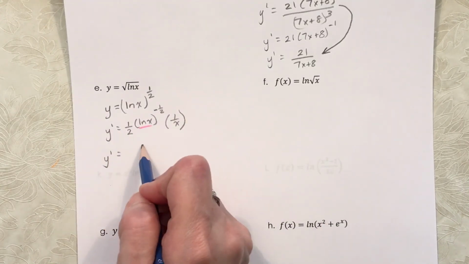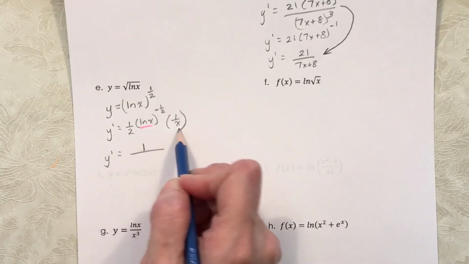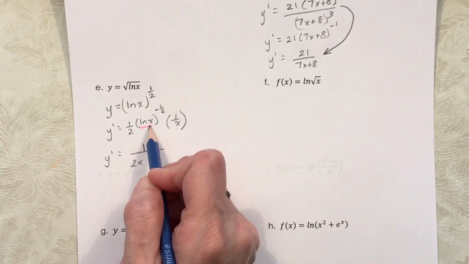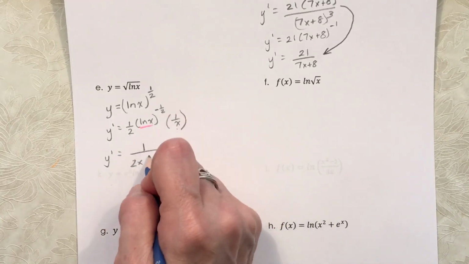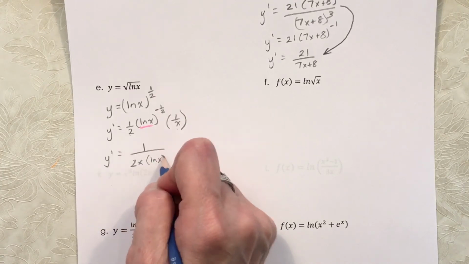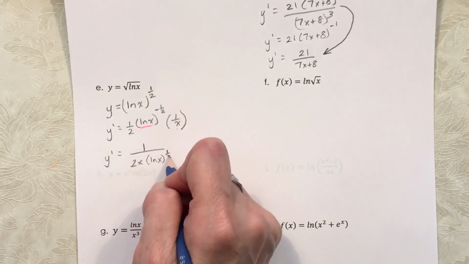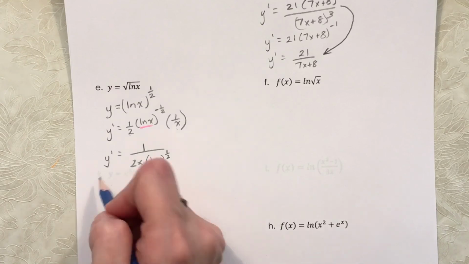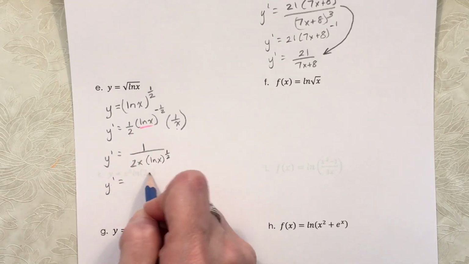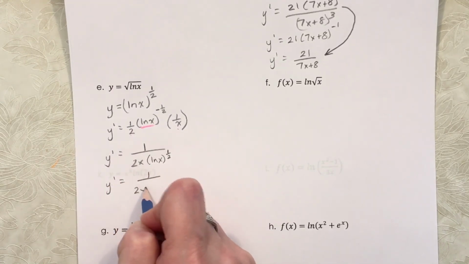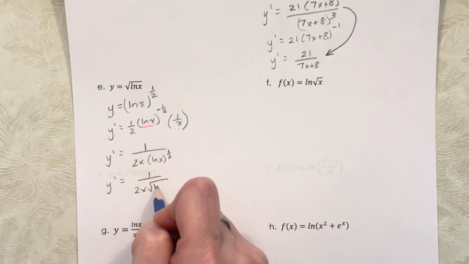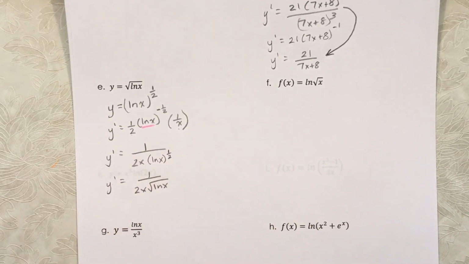On the numerator I'm going to have 1, in the denominator I'm going to have 2x, but I'm also going to have the ln of x to the positive 1/2. But I would rather write that in radical form. So it'd be 1 over 2x root of the ln of x, because the exponent of 1/2 is the same as a square root. So that's how you would see the answer in the back of the book.